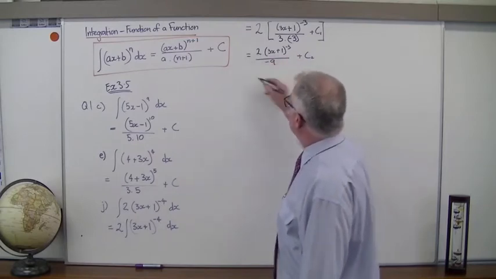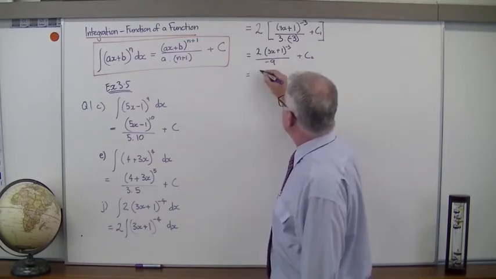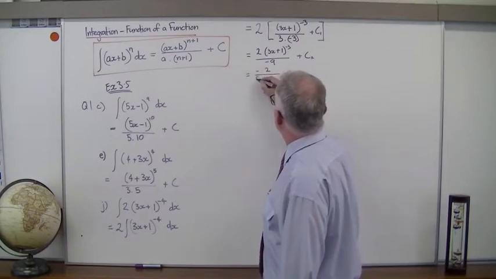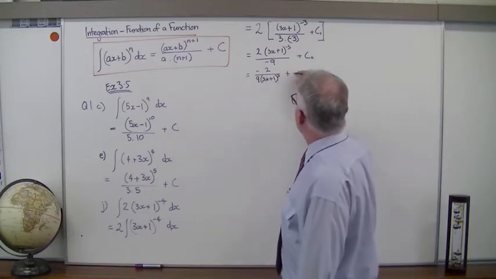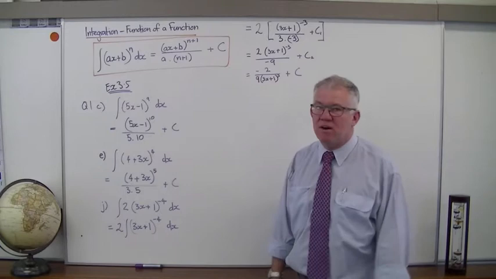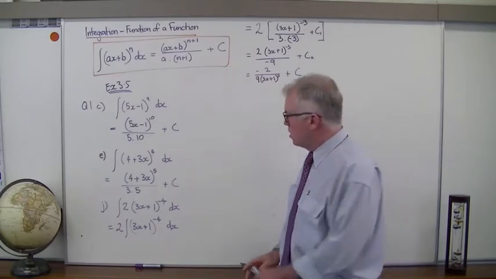And what you'll probably find in the textbook is the answer written as minus 2 over 9, 3x plus 1 to the power of 3. I don't know for sure about that, but it's probably how they'll have that answer written.